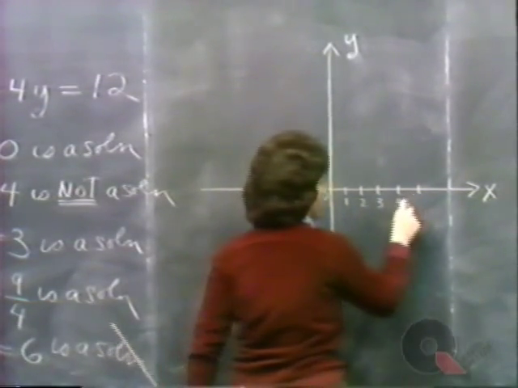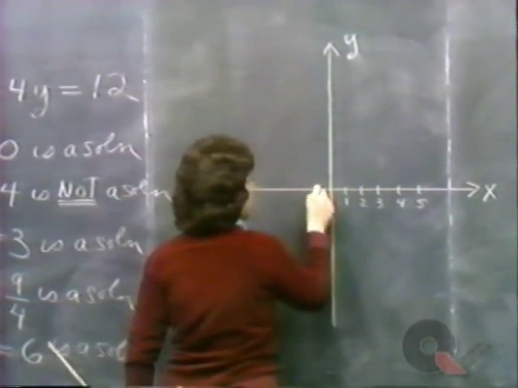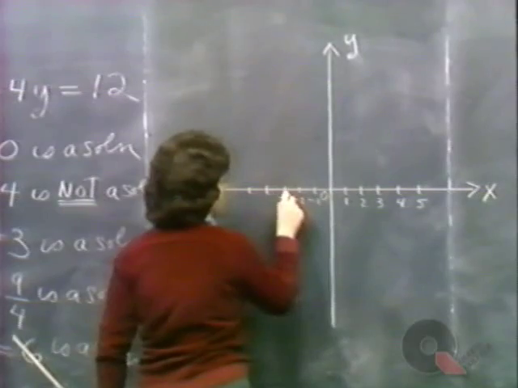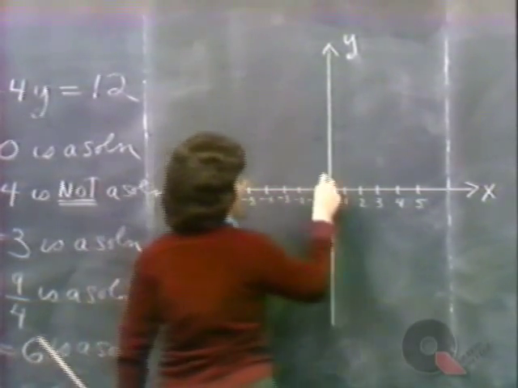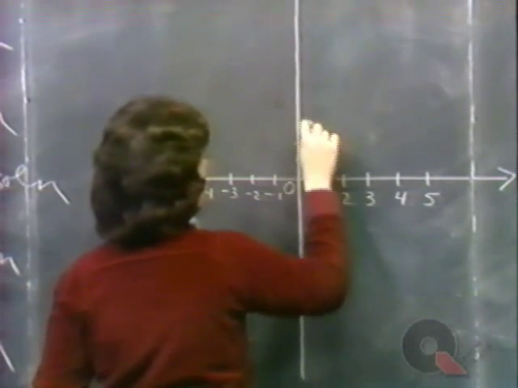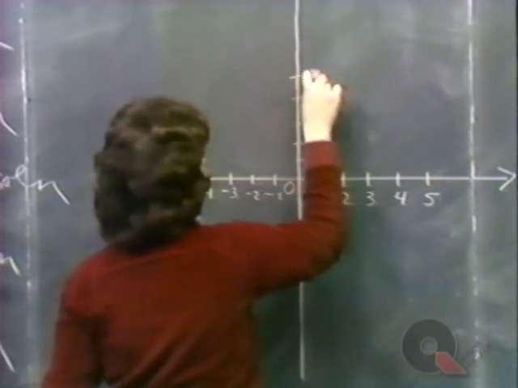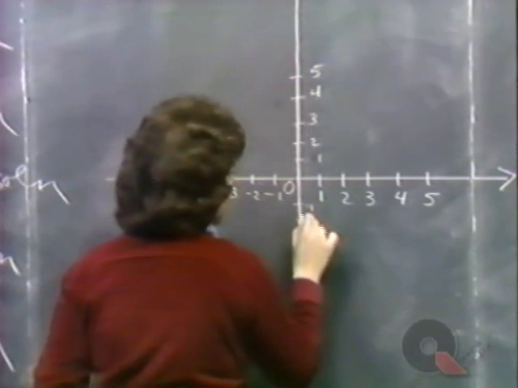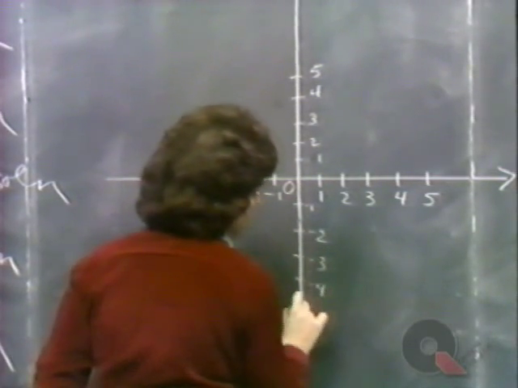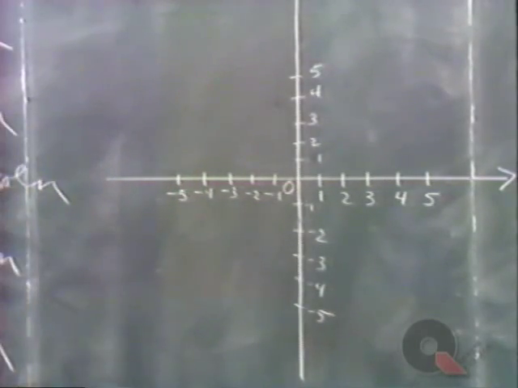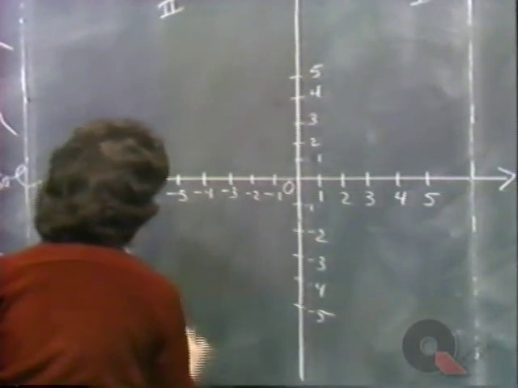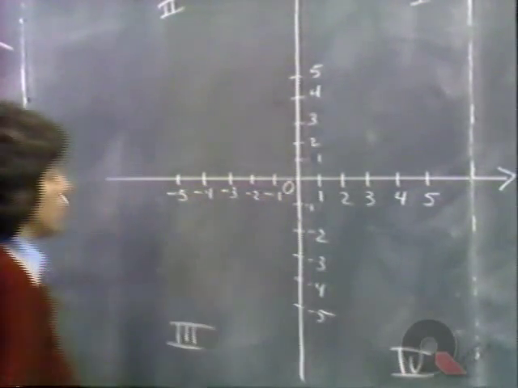This is 1, 2, 3, 4, 5. Negative 1, negative 2, negative 3, negative 5. And then positive 1, 2, 3, 4, 5, negative 1, negative 2, negative 3, negative 4. This is quadrant 1, 2, 3, and 4.